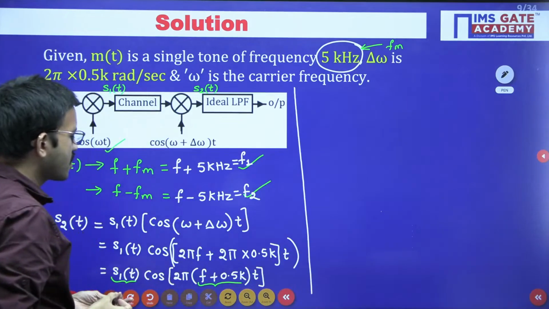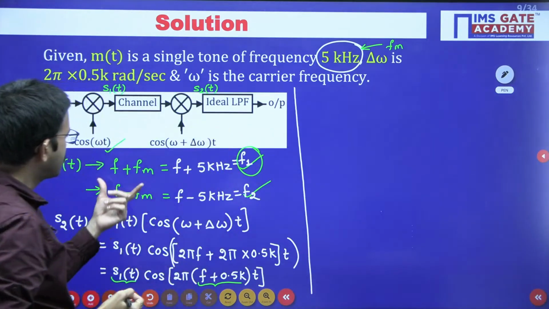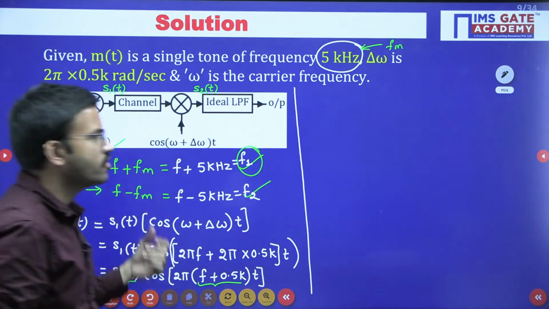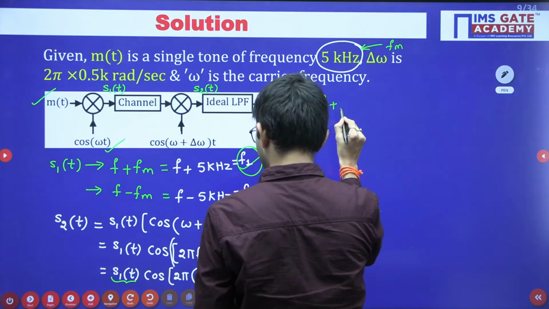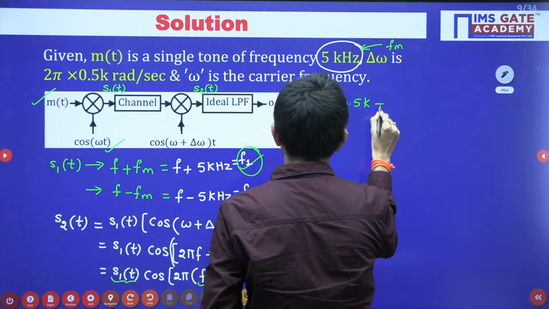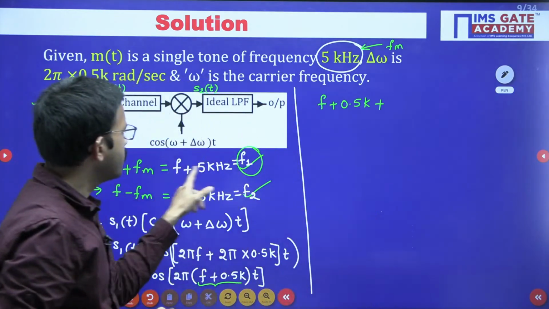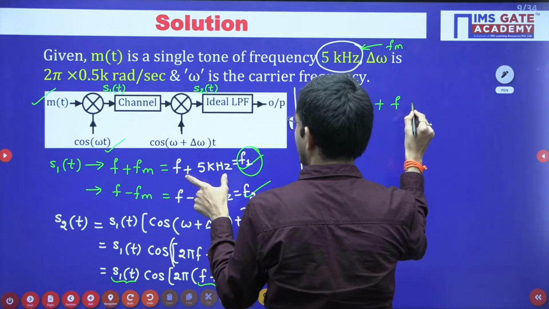See here, first let us consider f1. We have to perform addition. Here the frequency is f plus 0.5 k, plus f1, which is nothing but f plus 5k.